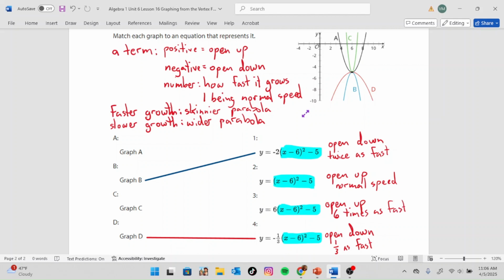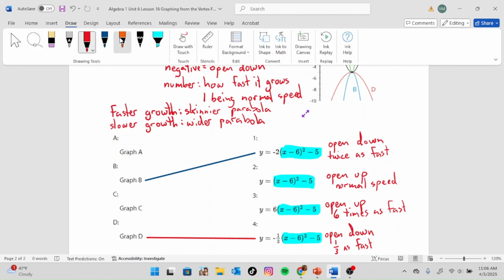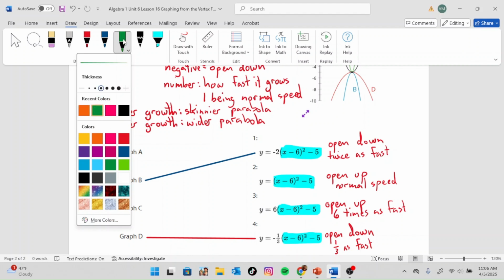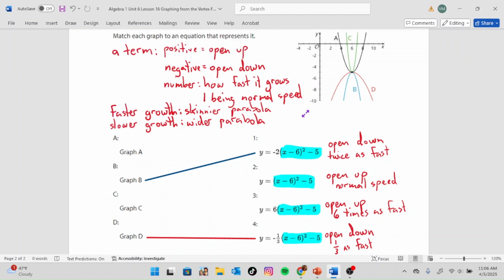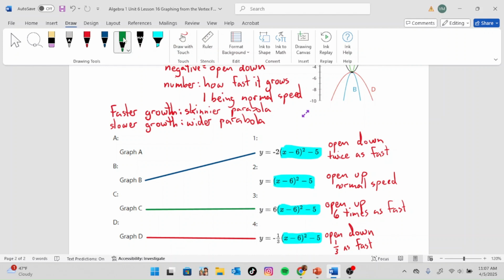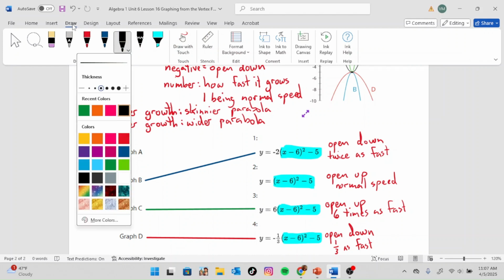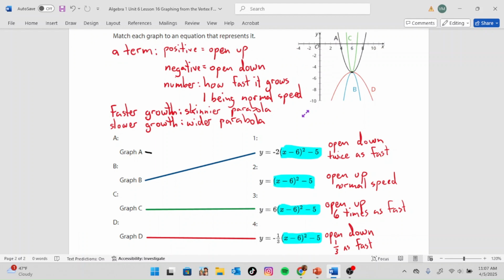That means number 3 is the skinnier one, and we can see that the skinnier one is graph C. So C matches number 3. And then number 2 is opening upward at the normal speed, and that is what we see on graph A. So A matches number 2.